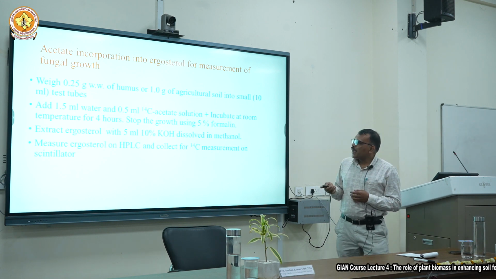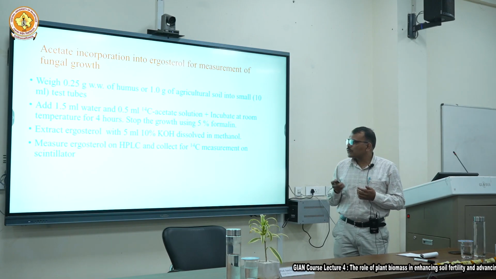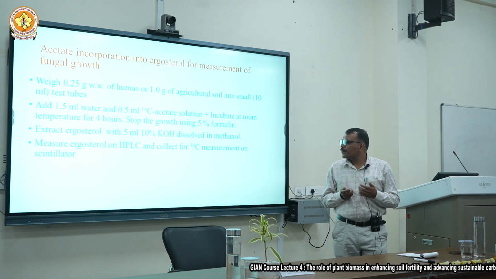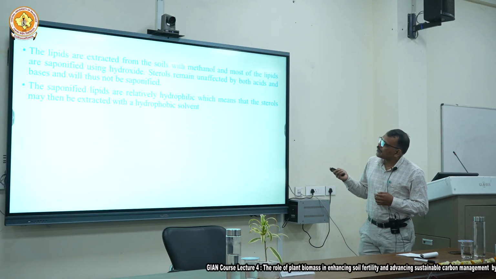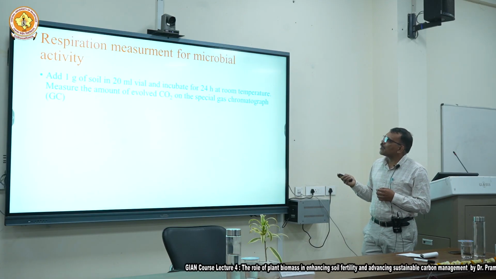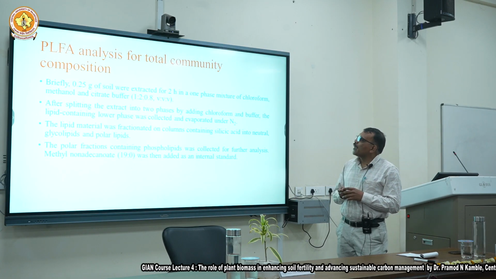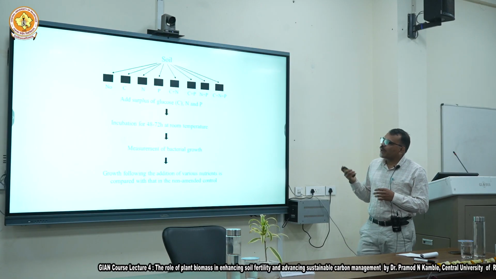Then ergosterol was extracted into 5 gram, 10% KOH, and measured by HPLC, and collected for protein measurement. Then liquid extractions, pH analysis, and respiration measurement were done by using gas chromatography.